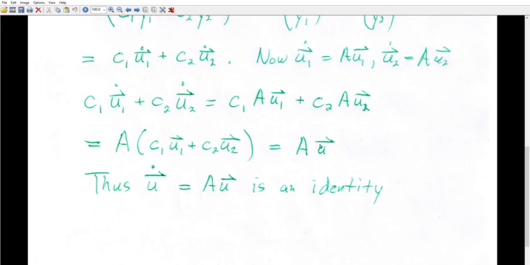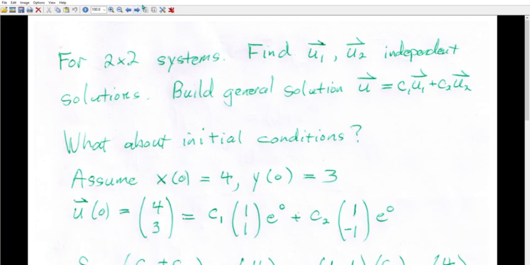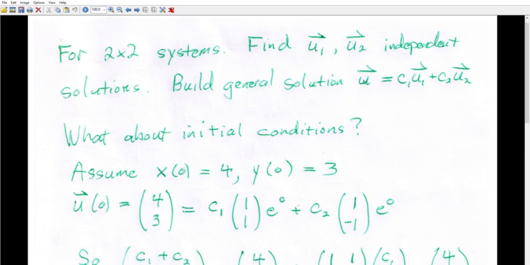And what we've discovered here is that u dot is Au. That's an identity, which means that this is a solution. So we can take linear combinations of solutions and get a solution. So for a 2 by 2 system, that's going to be our plan. Find u1 and u2 independent solutions somehow. And then we're going to build our general solution as u equals c1 u1 plus c2 u2.